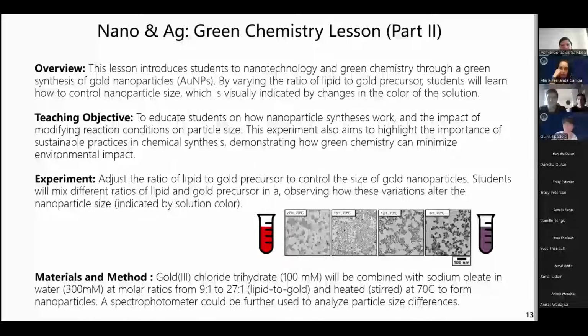The nice thing about gold nanoparticles is that they have this nice color going from red to purple due to the surface plasmon resonance effect. Here you can have these different colored gold nanoparticles that students can visibly see. You don't even need specialized equipment to see a change as a function of the oleate concentration.